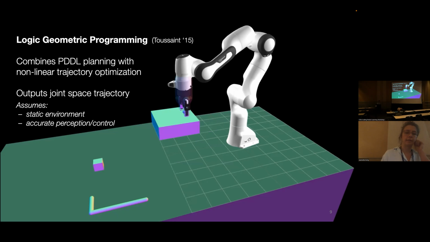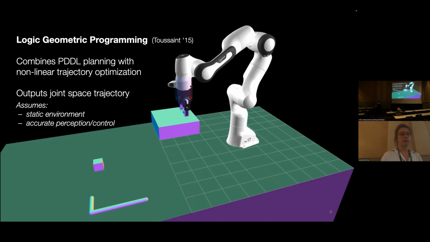And in our approach, we actually build on this prior work from Marc Toussaint to solve this problem called logic geometric programming. It combines PDDL planning with nonlinear trajectory optimization, but it does produce joint space trajectories like most TAMP algorithms.